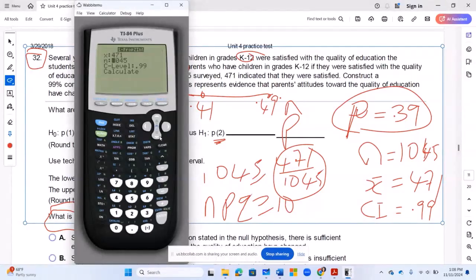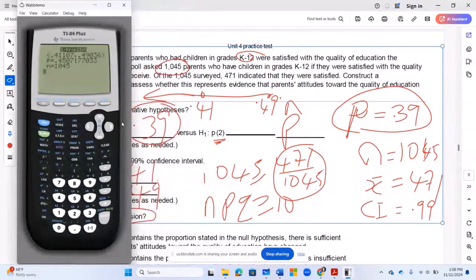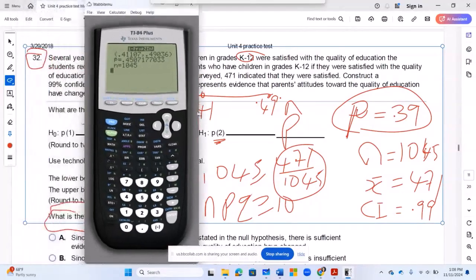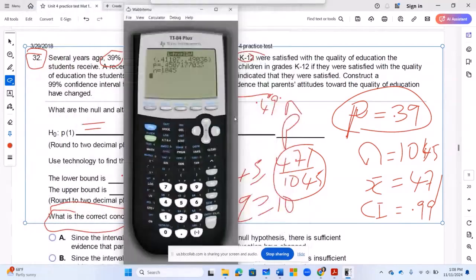So X is 471, N is 1,045. Confidence level is given to me as 99%. I'm going to calculate. So just like we did before, the lower bound is 41.41 or 41%.